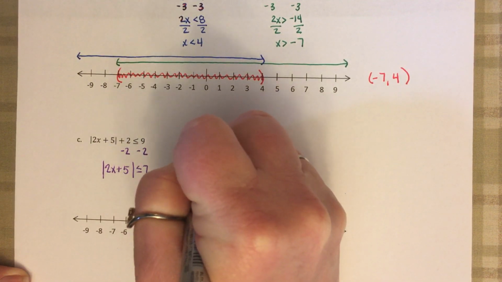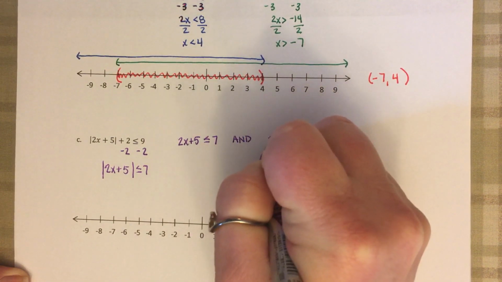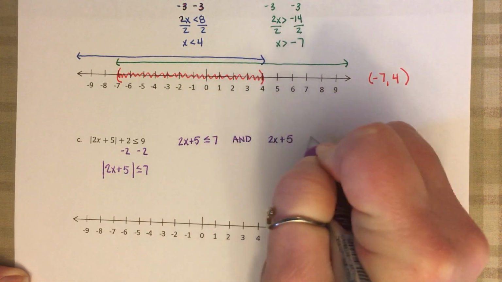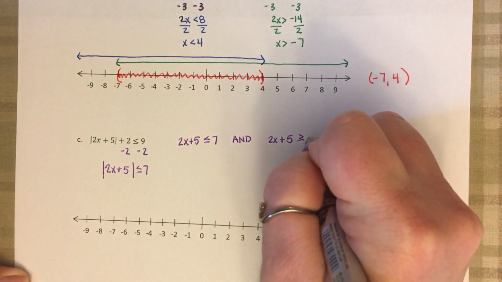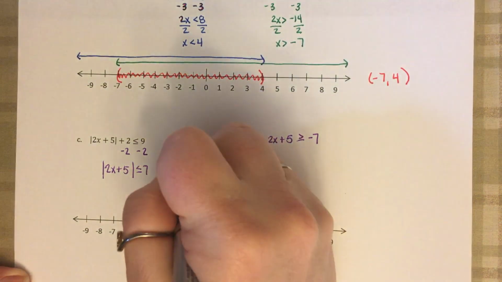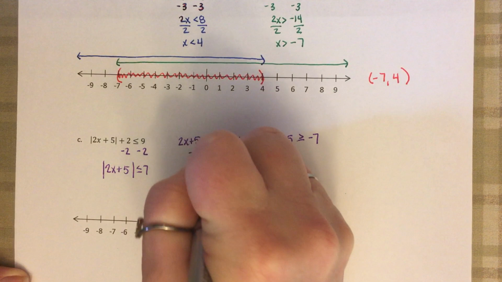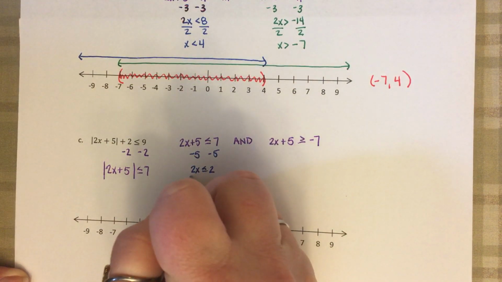2x plus 5 is less than or equal to 7, and 2x plus 5, flip our symbol. So instead of a less than or equal to symbol, we have a greater than or equal to. And instead of a positive 7, we flip our sign to a negative 7. Subtract 5 from both sides. 2x is less than or equal to 2.